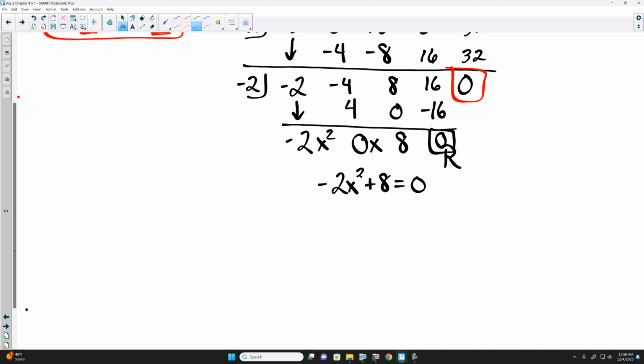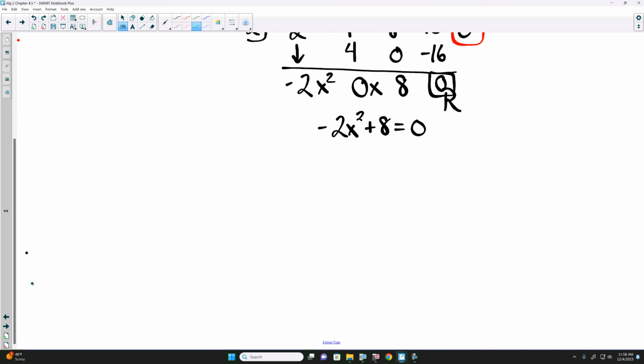And this is helpful because now it's easier to solve. We know how to solve this here. Specifically, we can solve it by the square root method, and the reason we know is because there is no middle term.